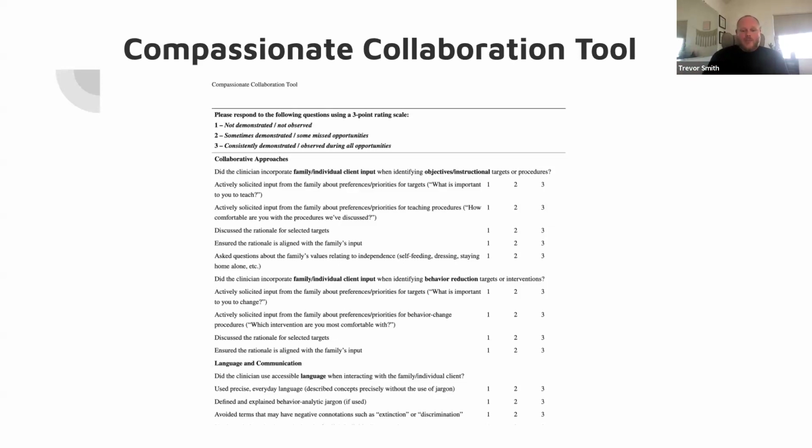You're communicating openly, using appropriate language that's not jargon to confuse them with all the ABA terms or different professional terms. You're being able to explain it so that they can understand it. And then it's giving you a rating, like how well are you actually doing in those areas and what are some ways that you can improve.